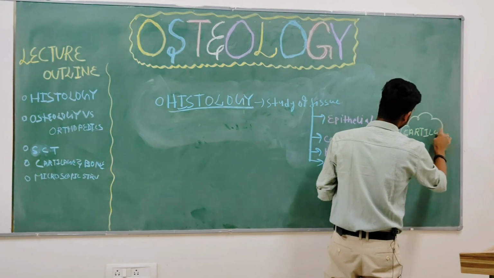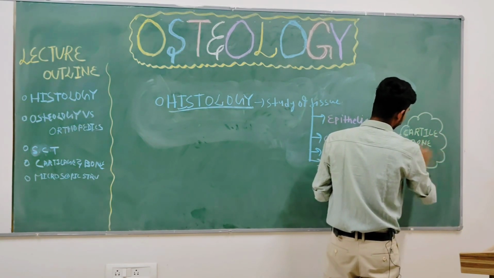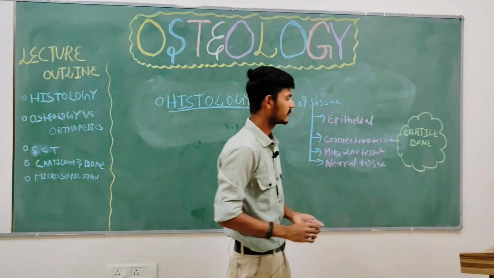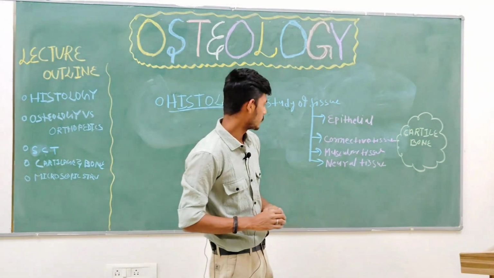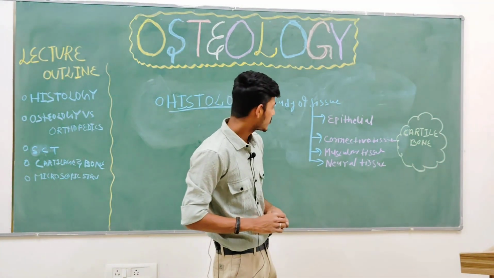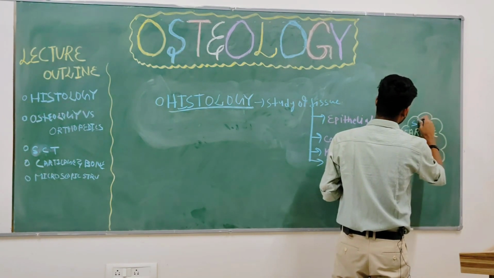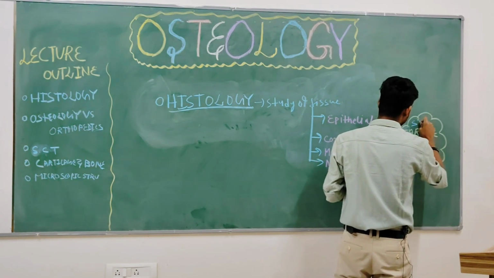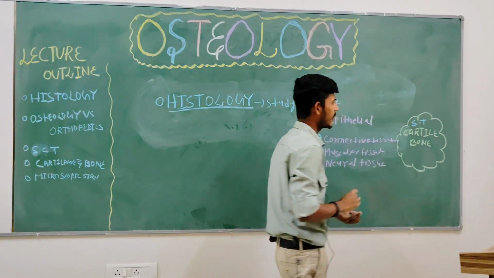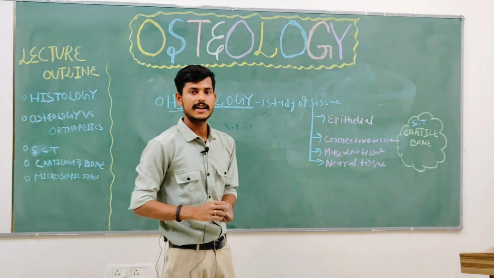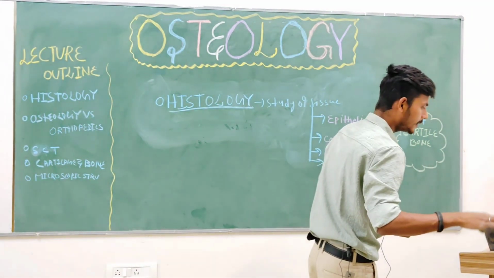And more specifically, it is a specialized tissue. Cartilage and bone are our specialized tissue. Understanding? Now, let's move ahead.